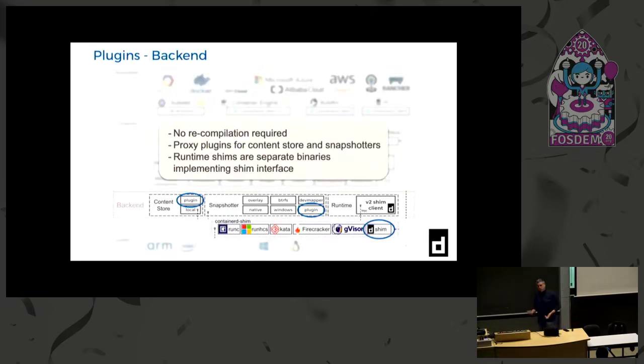So I mentioned this project Oras that has written their own content store plugin. That means they don't have to modify Containerd, and it effectively allows them to provide a daemonless way to interact with registries using their own content store. And I don't know if anyone's used my manifest-tool project, which again doesn't need a Docker daemon or a Containerd daemon.